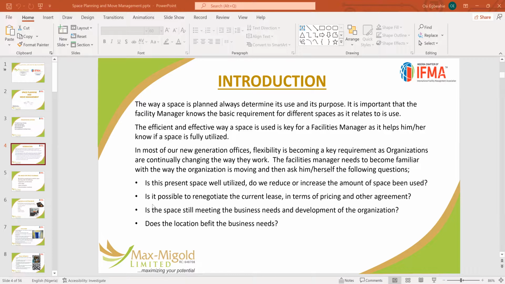Also, you must ask yourself, is it possible to renegotiate the current lease in terms of pricing and other agreements?